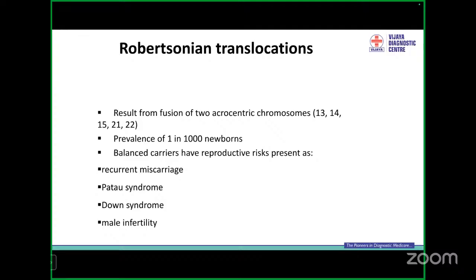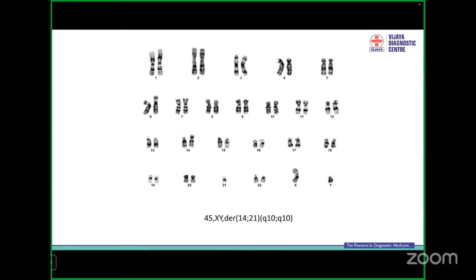Like other reciprocal translocations, for Robertsonian translocations also, there is a risk of recurrent miscarriages. And also the most common syndromes seen because of Robertsonian translocations are Down syndrome and Patau syndrome.